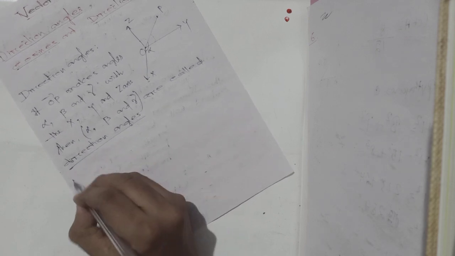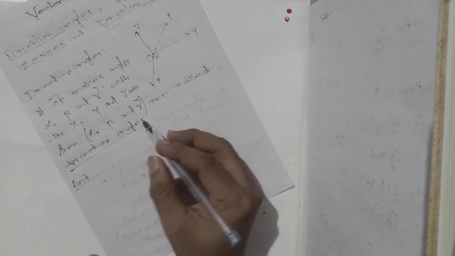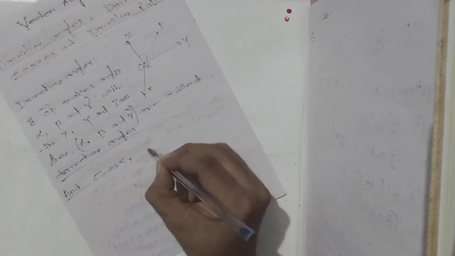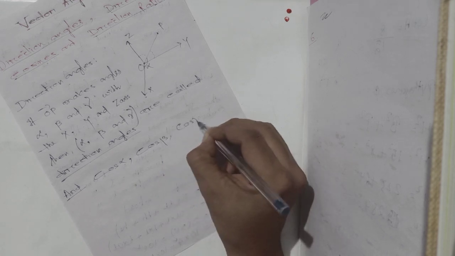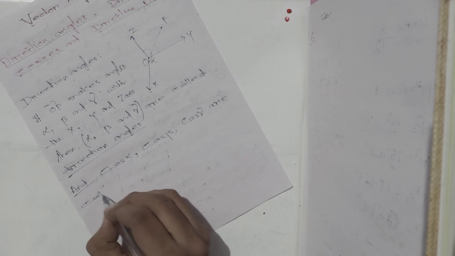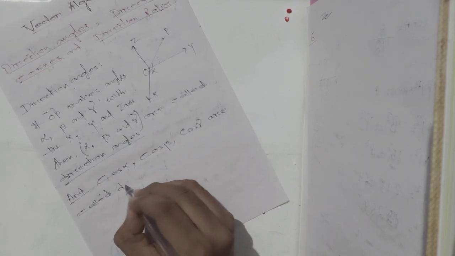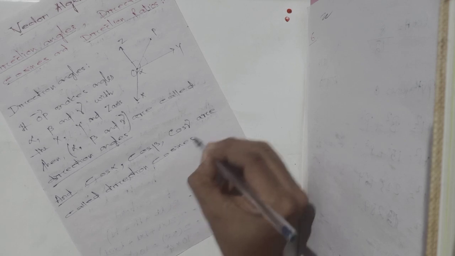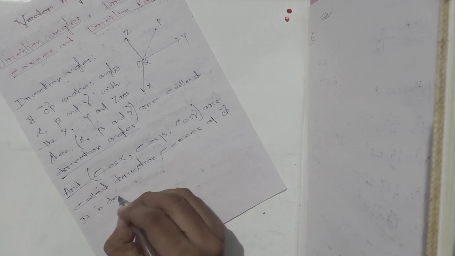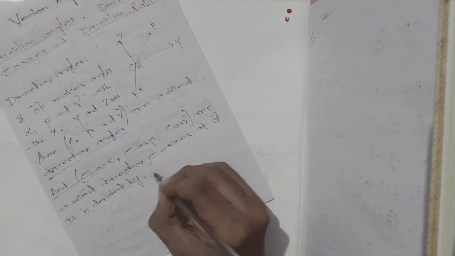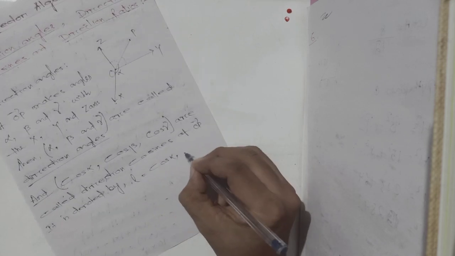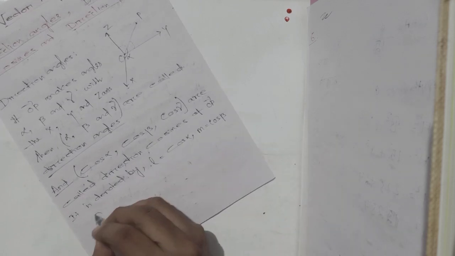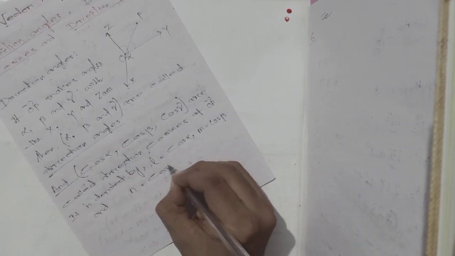And the cosine of these angles, cos alpha, cos beta, cos gamma, are called direction cosines of the OP vector, and they are denoted by L, M, N. L is cos alpha, M is cos beta, and N is cos gamma.